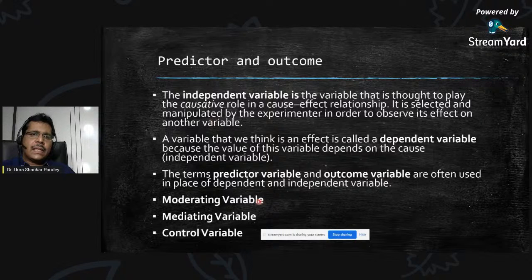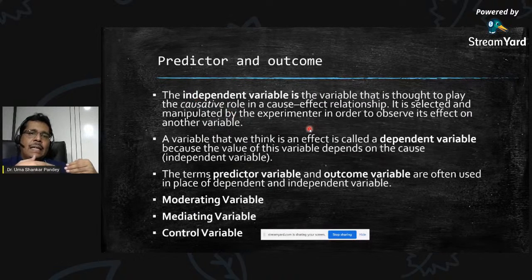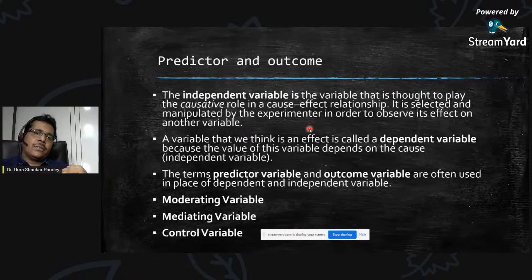Another two variables that cause a lot of distress to many of us are moderating and mediating, because there is a very stark difference between a moderating and a mediating variable. So say for example, when I told you about exercise and weight loss, the exercise is the independent variable and weight loss is the dependent variable. There could be a moderating or a mediating variable there.